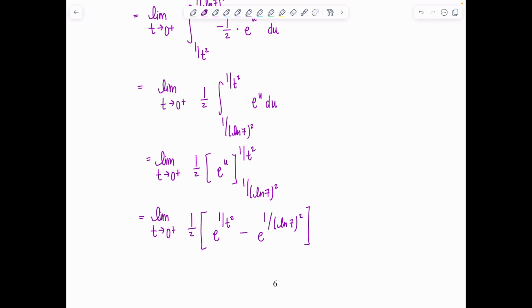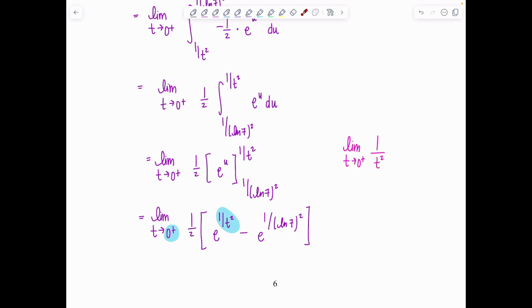Okay, let's think. t is going to 0. Where's 1 over t squared going? Limit t goes to 0 from the right. If you have a non-zero constant in the numerator and the denominator is shrinking, shrinking, shrinking, approaching 0, this whole quantity is blowing up.